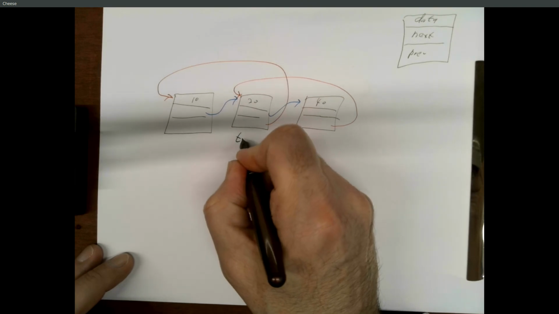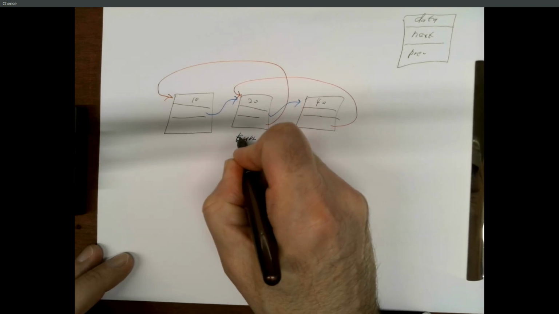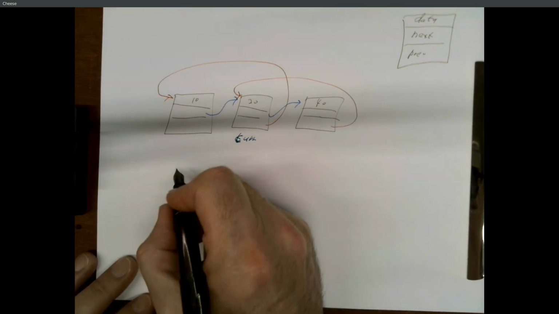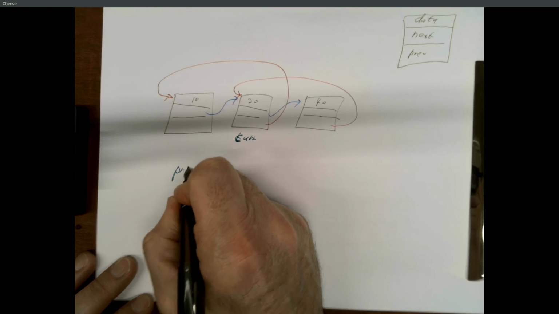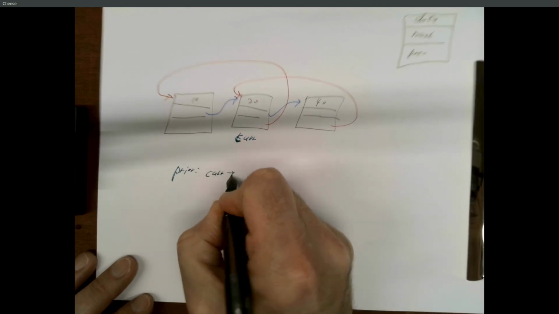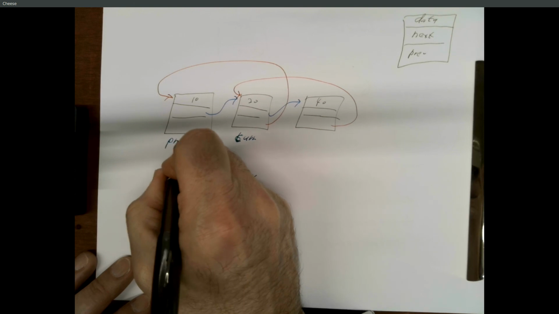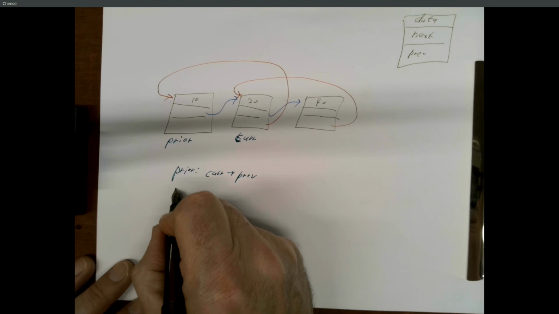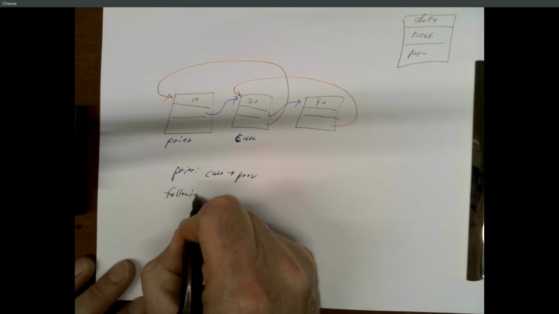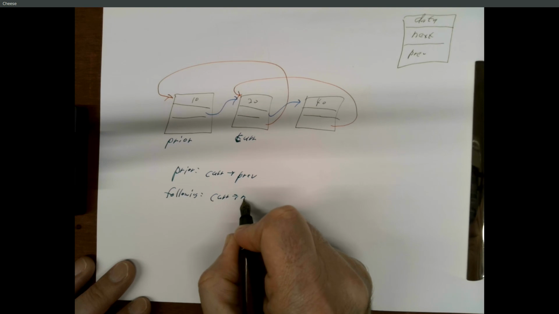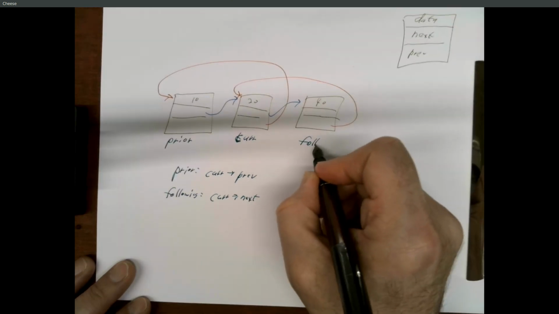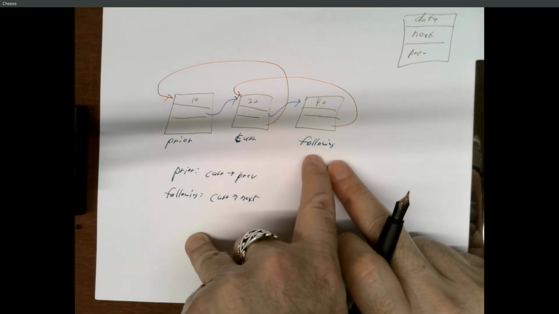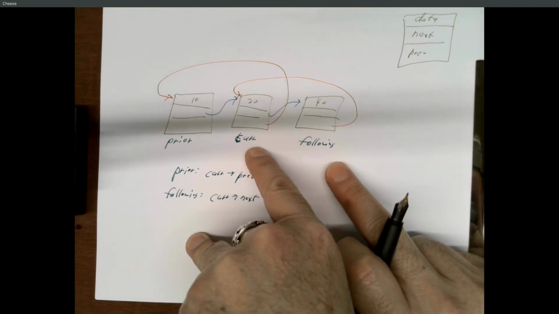Let's say this is temp. Let's say this is current. All I'm really doing is saying, prior equals current previous. So this is prior. And the following node is current next. So this is following. Well, if I have a name for this node and a name for this node and a name for this node, deleting the 20 is pretty straightforward.